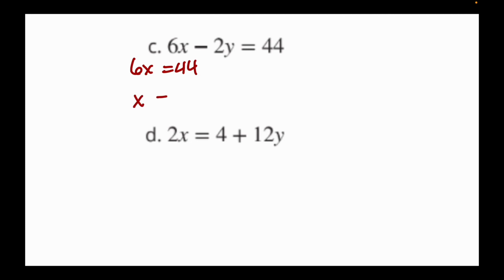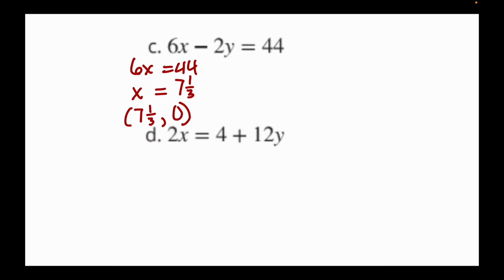But when you divide both sides by 6, 44 is going to give you 7 1/3. So your x-intercept here, let me actually move this, my handwriting's a little too big for this space. So your x-intercept would be 7 1/3 or 7.3, but that would repeat, and we'd put a bar over top of it. 7 1/3, comma 0 for the x-intercept.